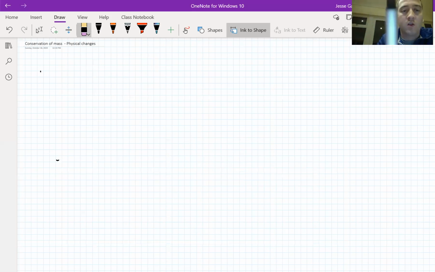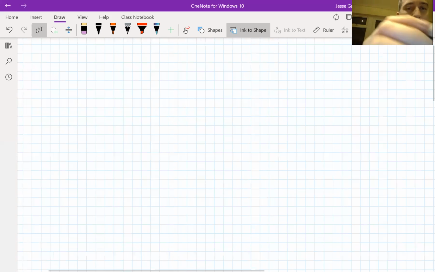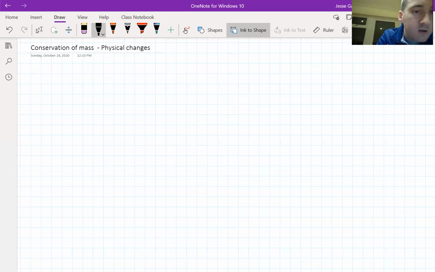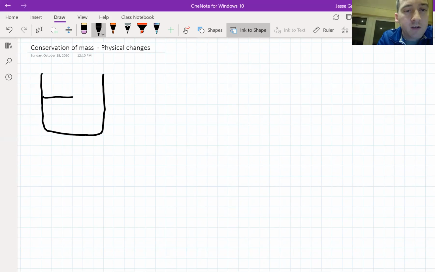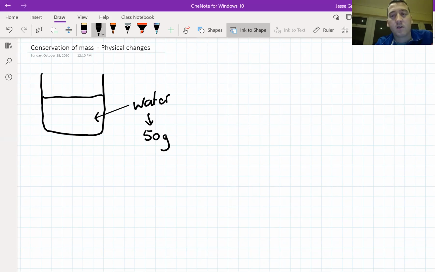Let's say we have a beaker of water, and we have 50 grams of water. So when we put it on the mass balance and we measure how much water we have, 50 grams.